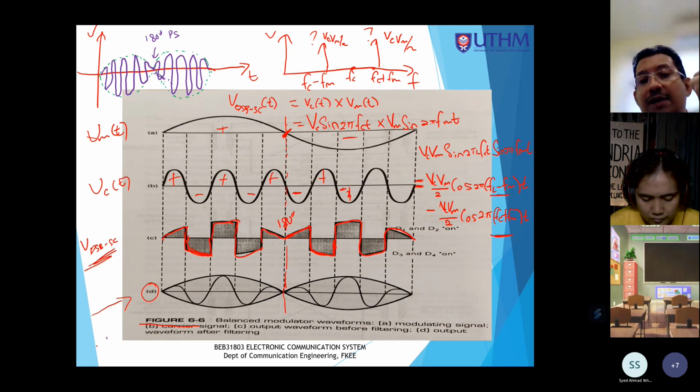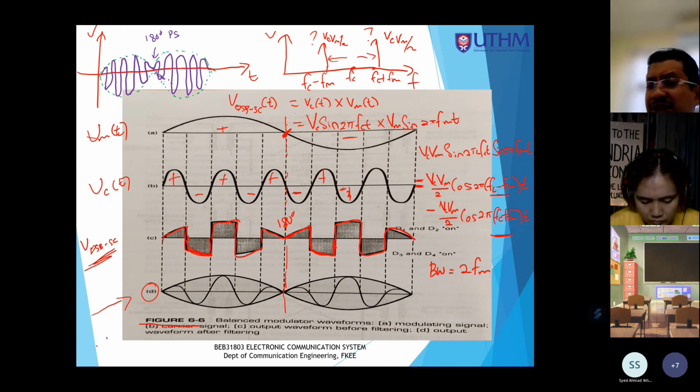Kita dapat tentukan dia punya amplitude. Apa lagi kita boleh lihat? Kita boleh juga tentukan dia punya bandwidth. Okay, so bandwidth masih sama, jaraknya adalah 2 kali fm. Okay, so the distance is 2fm from the highest frequency to the lowest frequency.